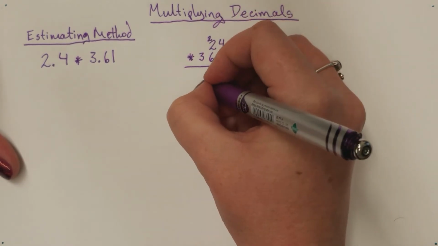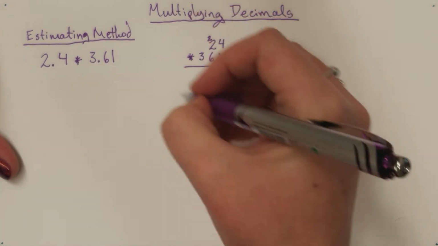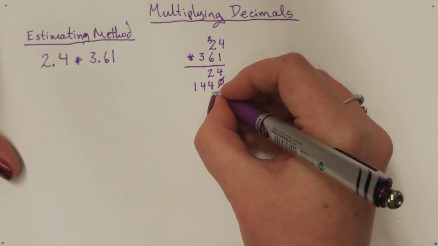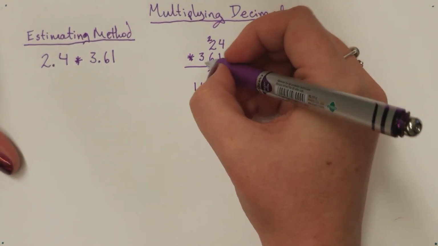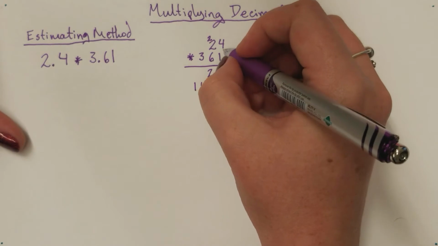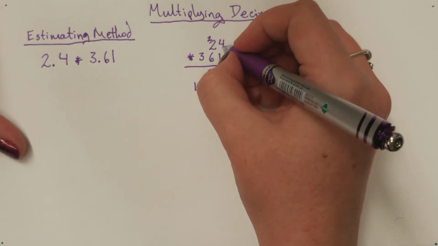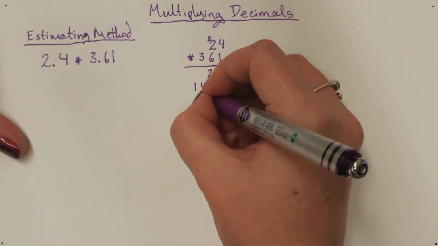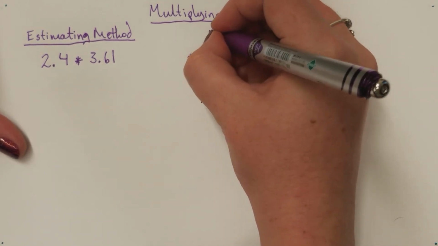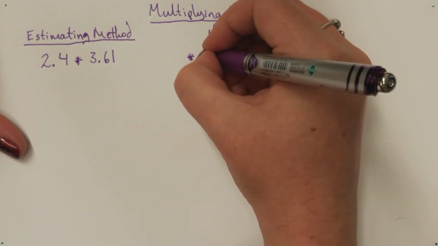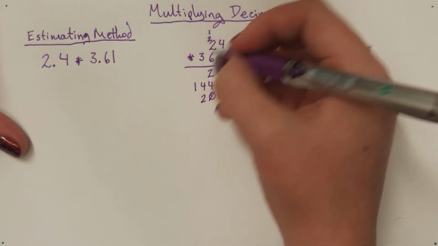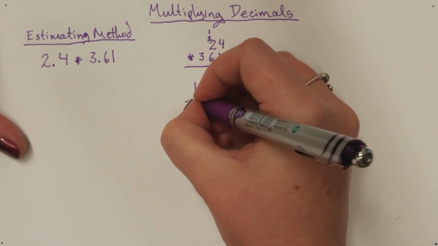Plus 2 is 14. Next line, 2 placeholder zeros because we're multiplying by 300, which has 2 zeros. So 4 times 3 is 12. Carry the 1. 2 times 3 is 6, plus 1 is 7.